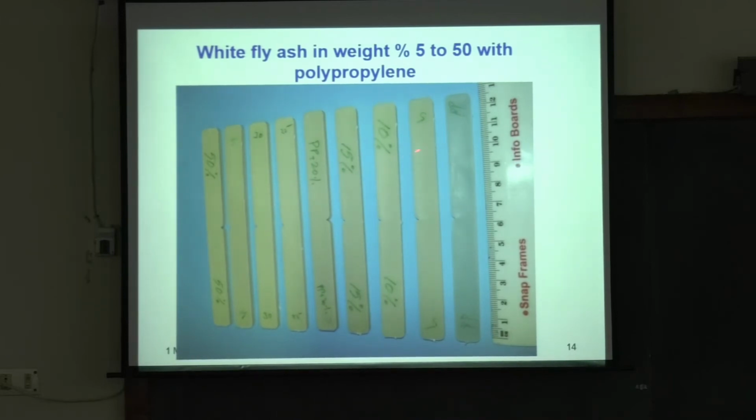And there, we put 5% near-whitened fly ash, 15 like that, up to 58% near-whitened fly ash. And what type of specimen is this? Tensile, yeah? Notched impact. So you can use it for typically Charpy or Izod, okay?